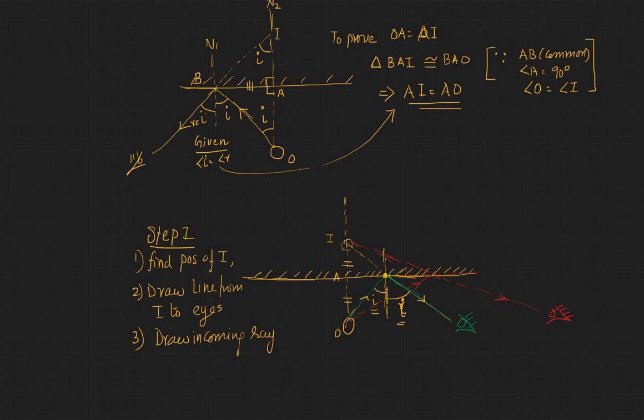Once you know where it meets, then you draw the incoming ray, right? And finally, draw the normal, which is this, right? And indicate angle I equal to angle R, which is these angles are equal. So that's how you do it.